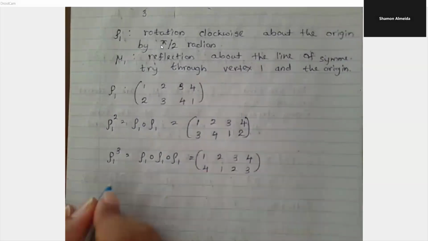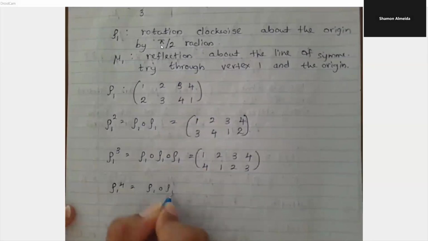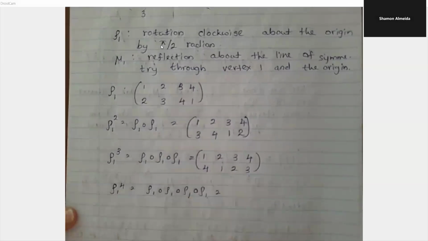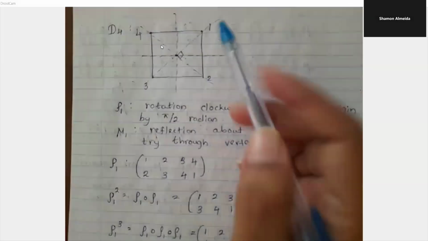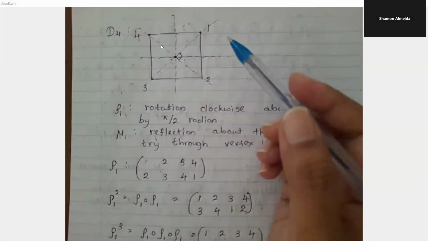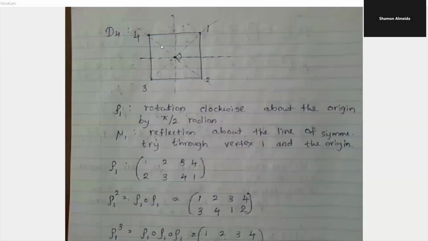Now let's find row 1 raised to the power of 4. Once again, go to this. Now we have to rotate this by an angle of pi over 2, 4 times, right? So all in all, what is the angle of rotation about the origin? 4 times pi over 2.